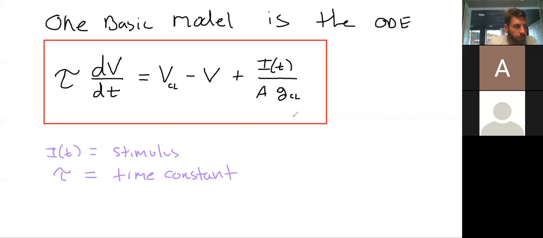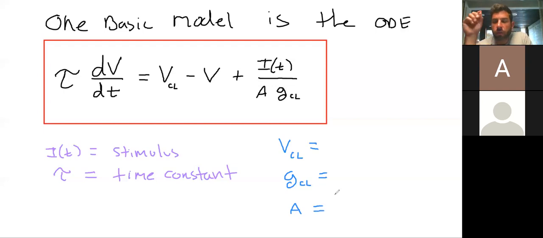We didn't tell you what V sub CL is, what G sub CL is, and what A is. Those are three letters that appear in that equation that we haven't yet told you.